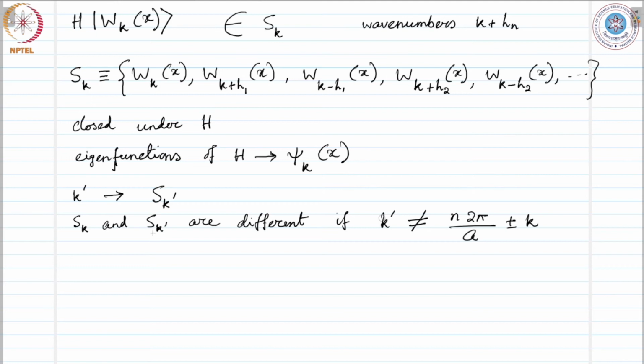Now on the contrary, if instead of not equals to, we put an equal sign here, that means if we consider k equals k prime plus n twice pi over a, the minus sign can be absorbed within n, which could be a positive or negative integer, then this implies that Sk and Sk prime coincide.